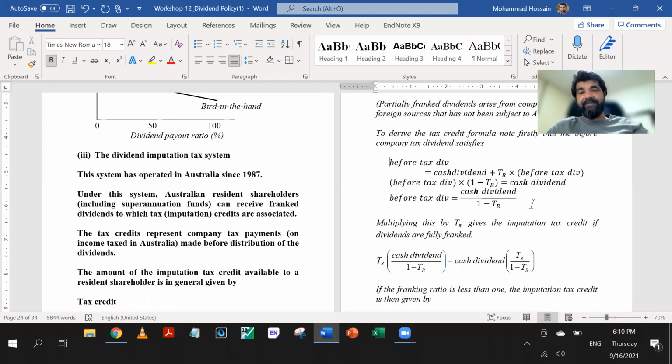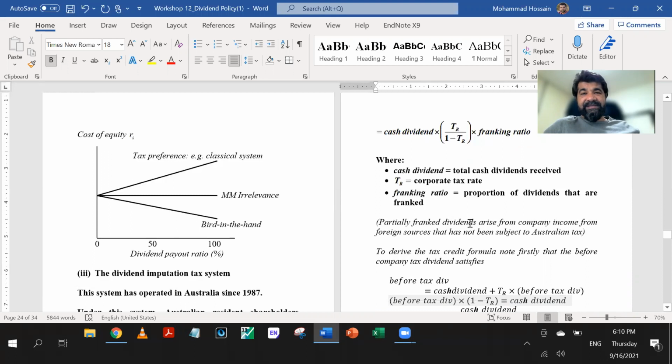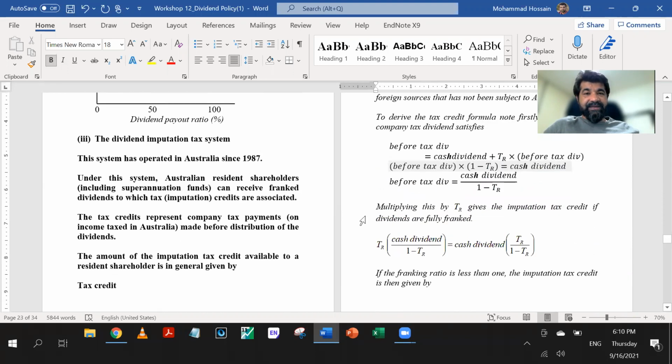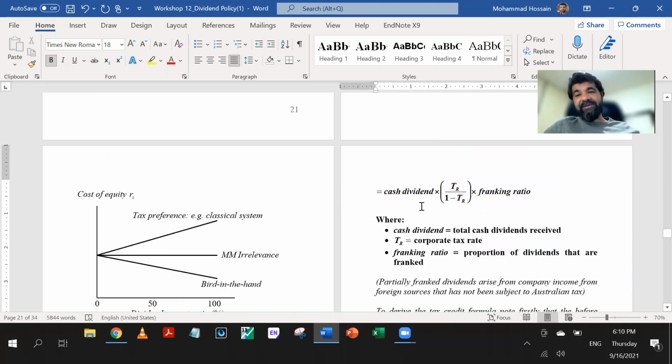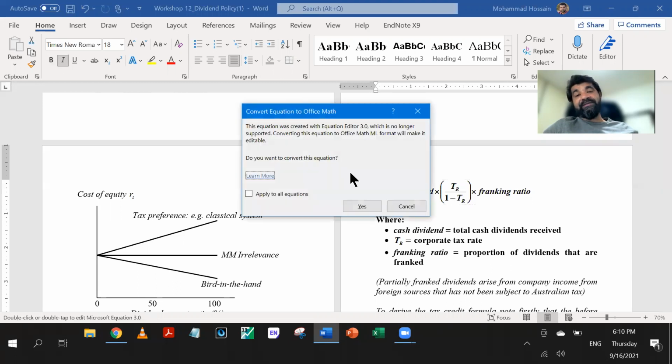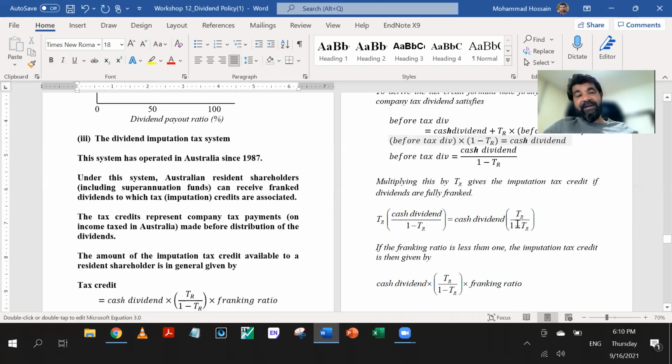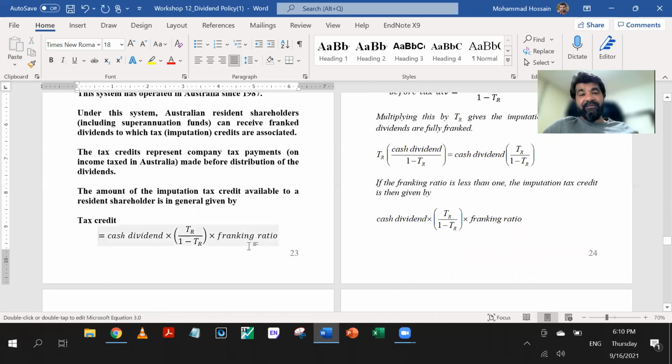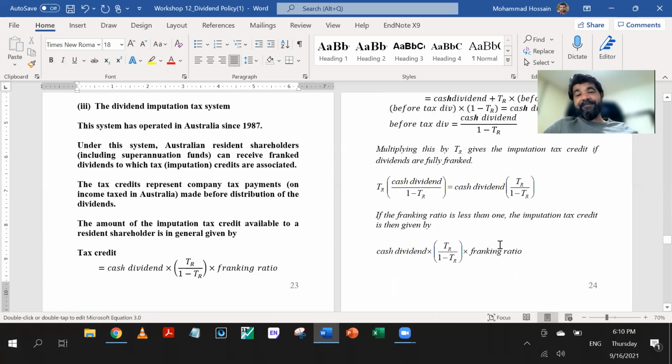So this is called a franked dividend. I think this is the formula: tax credit equals cash dividend times tax rate divided by 1 minus tax rate, multiplied by the franking ratio. What percentage is the franking ratio? It's a 50% franking credit. So they will have to mention that 50% here.